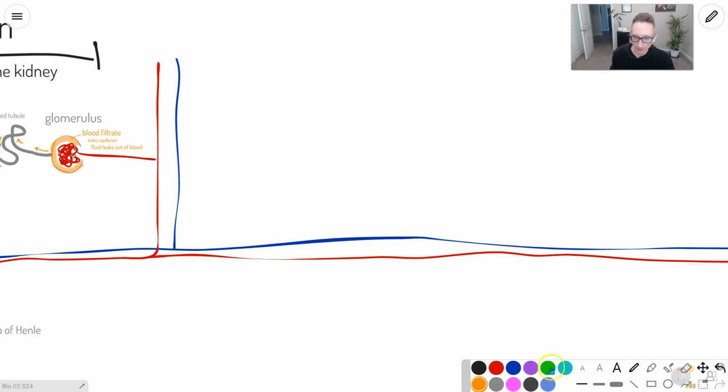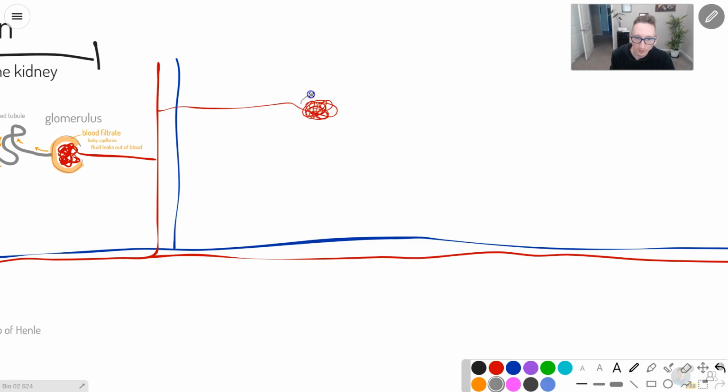All right, let's draw another little glomerulus coming up over here. This one's a little bigger. It's just like we drew it before.